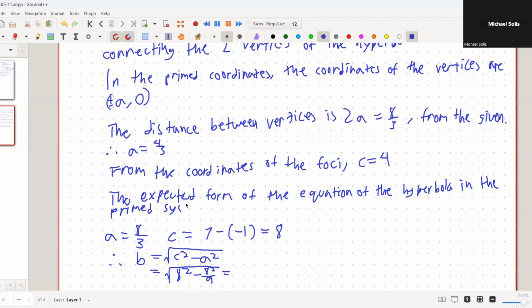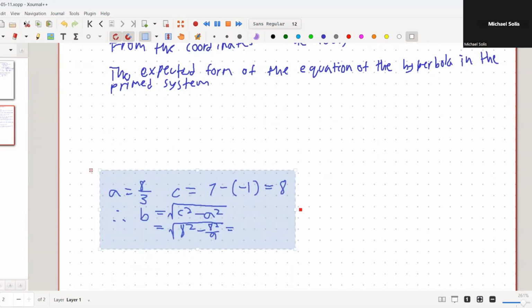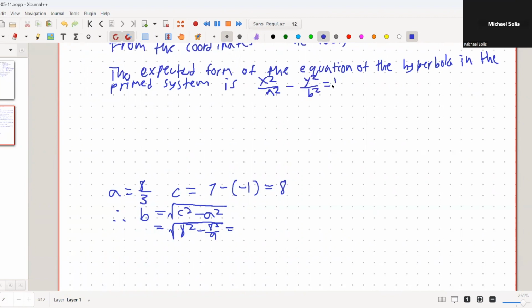Okay, so space, drag down what's below to make space. Since our axis is parallel to the x-axis, x prime squared over a squared minus y prime squared over b squared is equal to 1, where a squared plus b squared equals c squared.